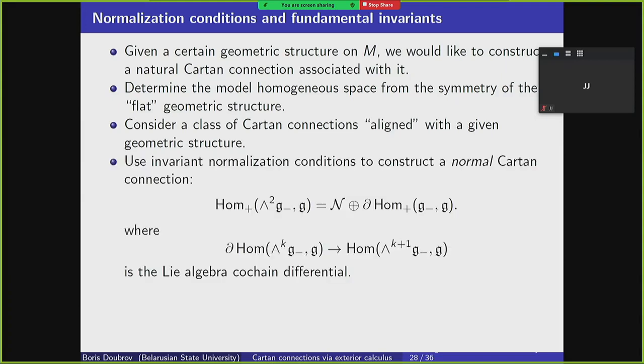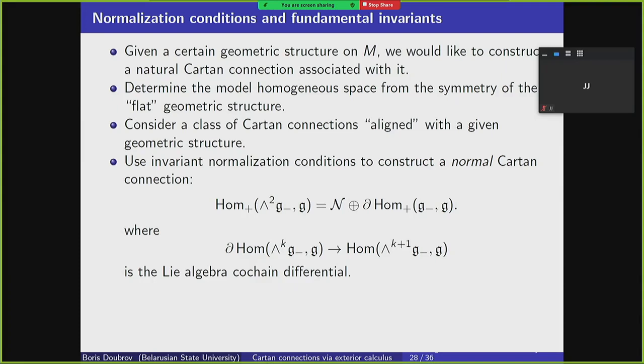And then you try to come up with some normalization conditions to construct a normal Cartan connection. And this is the part where, unfortunately, I have no choice but to do some algebra. That's a piece I need today.